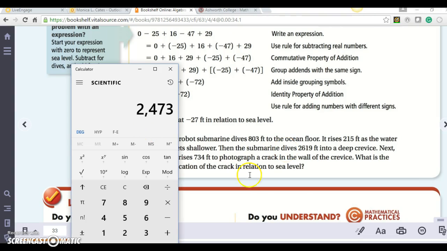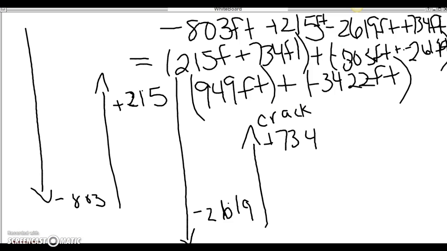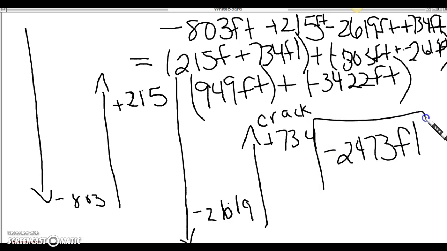And I get 2473, and it's going to take the sign of my larger absolute value. And so this means that we're 2,473 feet below sea level. I hope this helps.